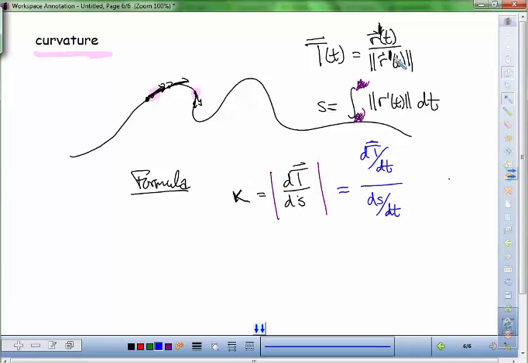Since they both have t's, would the quotient rule do? No, because it's still a function of t. If you look at it this way, the denominator is a scalar and the numerator is a vector. So it's still going to be a complicated product rule thing.